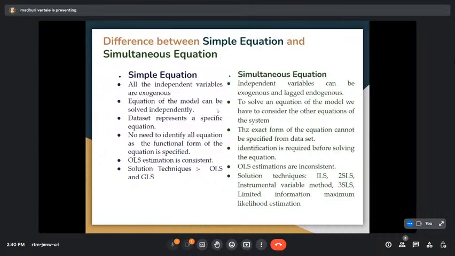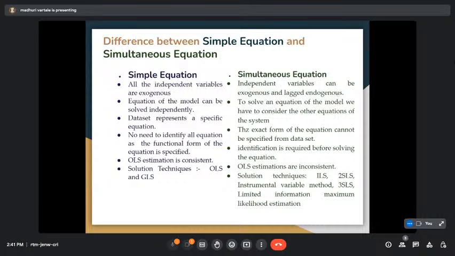So, under these simple equations, all the independent variables are exogenous, whereas in simultaneous equations, independent variables can be exogenous or lagged endogenous.